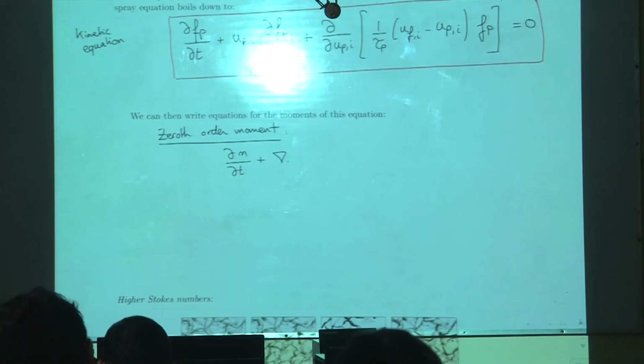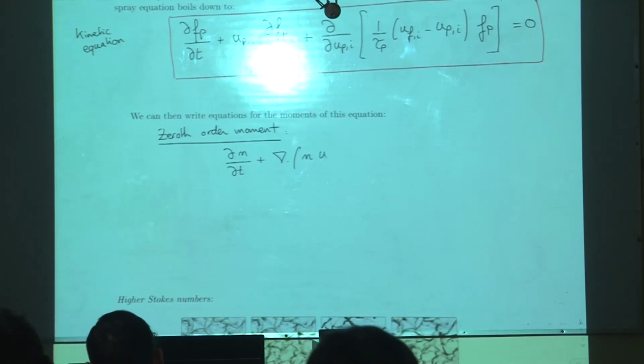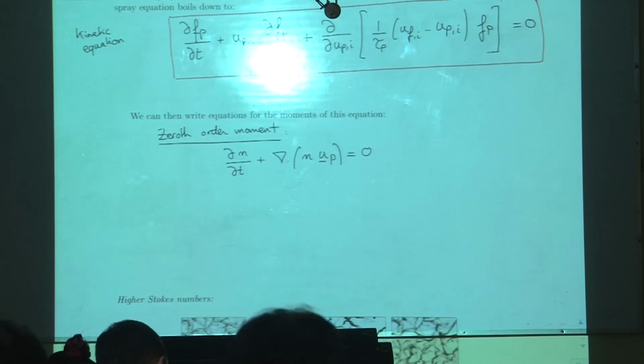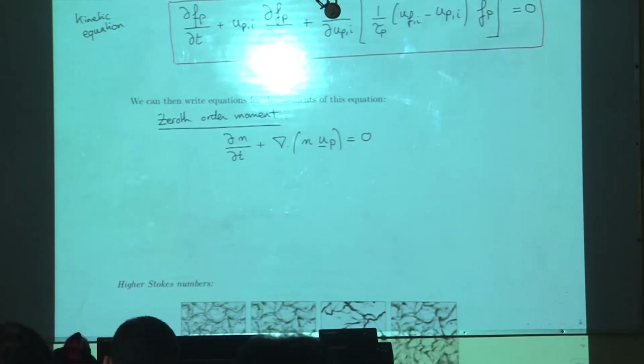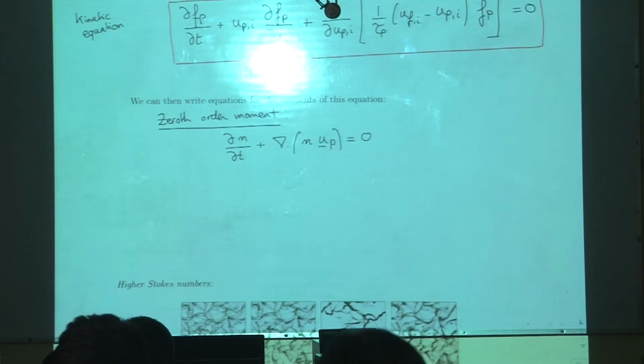That's it. Triple integral over this. And what you get is this equation. That's simple enough. That looks a lot like continuity. That tells me that the number density is a conserved quantity, moved around at the velocity of the particle. Okay?